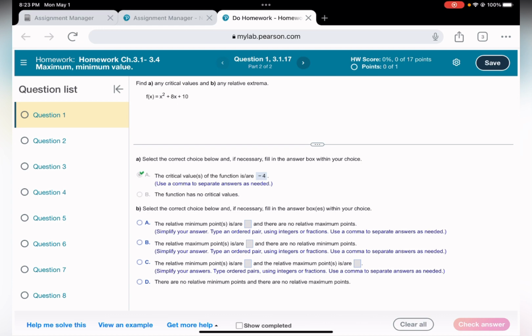So now question B, it's going to be find any relative extrema. Because we found our critical value, and it doesn't have to be only one critical value, it can be many more critical values. But in this example, we have only one critical value. So we're going to explore that critical value and figure out if this is a minimum or a maximum.